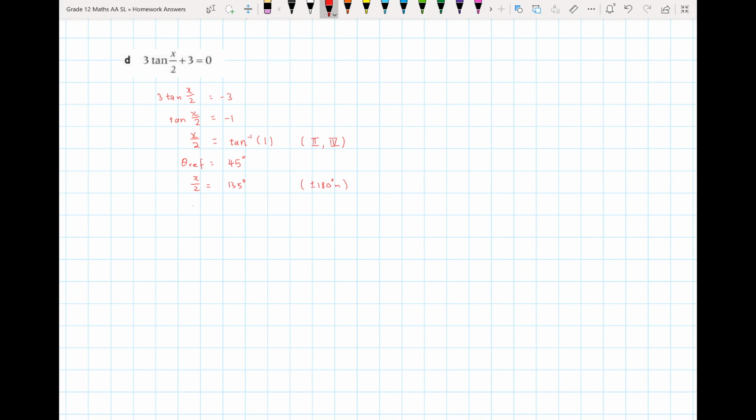So now I will have to multiply everything by 2. And that includes the original period for tangent. So you see that this number here, it's not in the domain. So what I have to do is subtract 360 to get to 90 degrees. And if I go 360 degrees one more time, that will be below -180 degrees. So there's only one answer in this question.